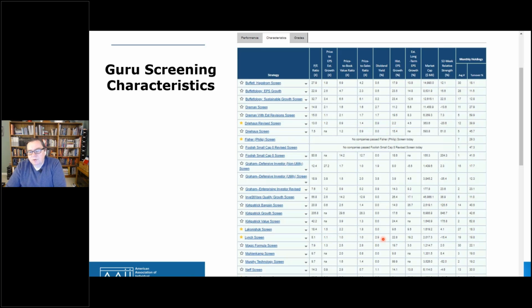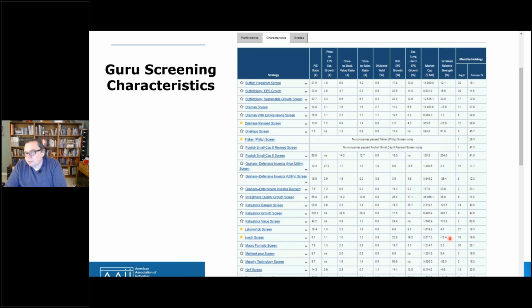Actually, there's a dividend component. A lot of the stocks that are paying a dividend tend to be in the mid cap size. Some of these screens are going to be smaller. The Driehaus Revised has really a small market cap. So if you're focusing on small companies, they might be in there.